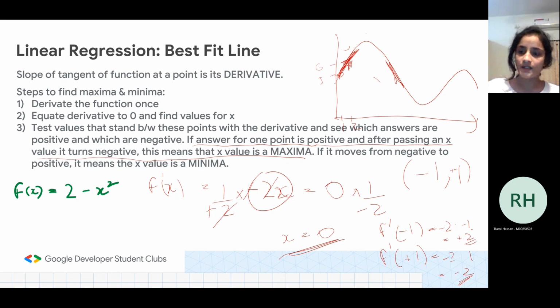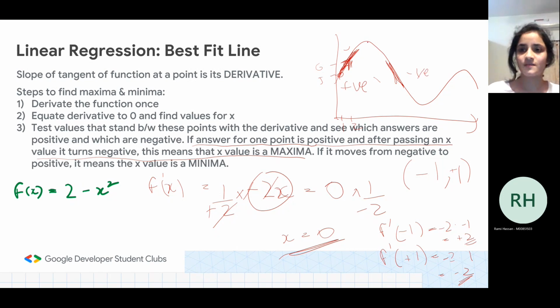One part is plus and one part is minus: initially when x is equal to minus 1, it's positive. When x is equal to plus 1, it's negative. So as we're increasing x, in the beginning it's positive, later it's negative. Here, you saw that here it's positive, here it's negative.